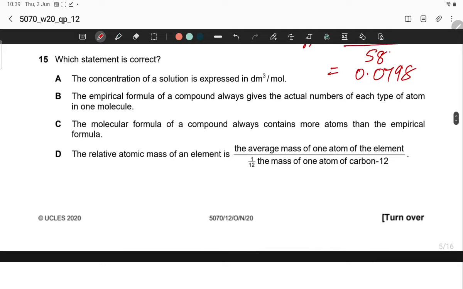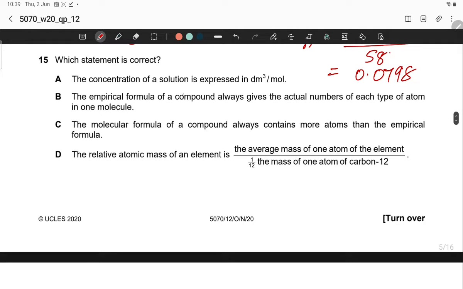Question number 15. Which statement is correct? The concentration of solution is expressed in dm cubed per mole. No, concentration of solution is expressed in mole per dm cubed. This is incorrect. The empirical formula of a compound gives not the actual number but the simple ratio of each type of atom. So this is also incorrect.